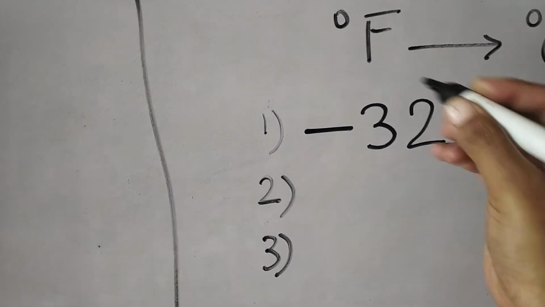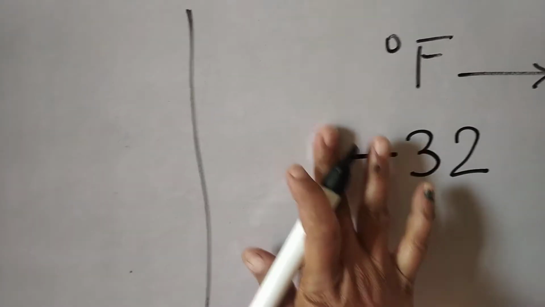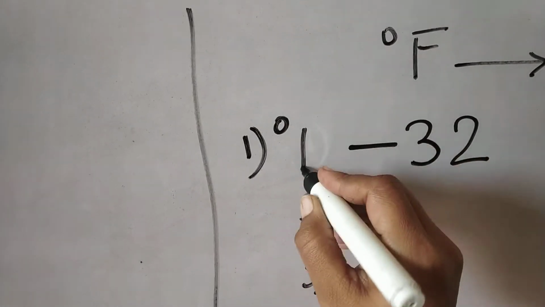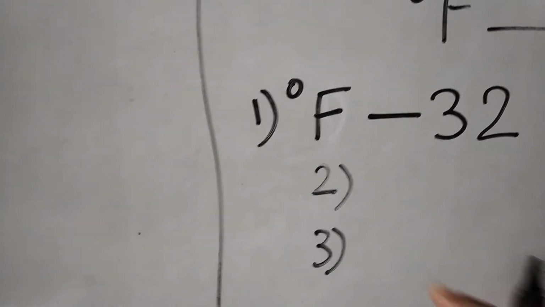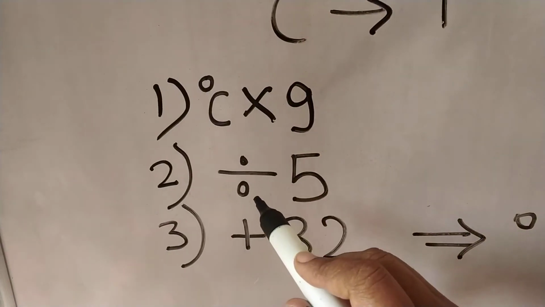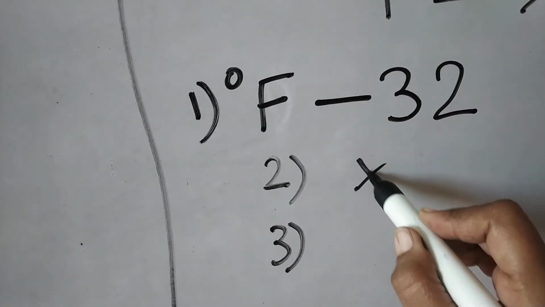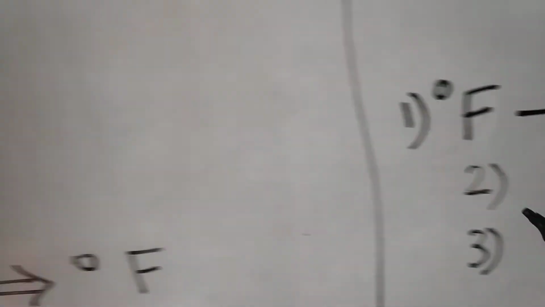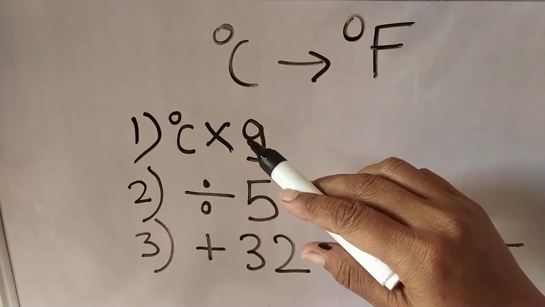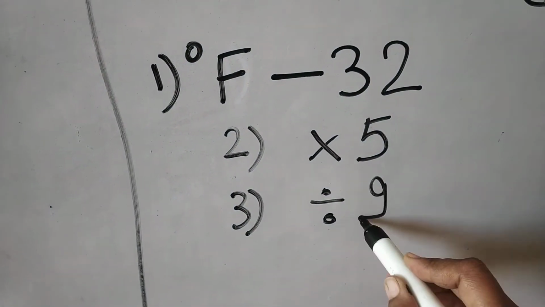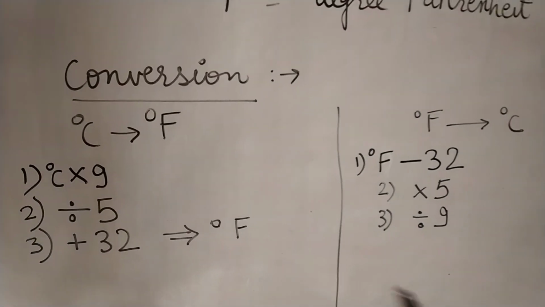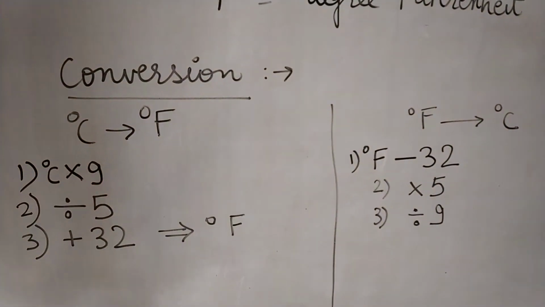So whatever value is given in degree Fahrenheit, you will subtract 32 from it. In the second step, there we are dividing by 5, here we will multiply by 5. And in the third step, there we are multiplying by 9, here we will divide by 9. So these steps are just opposite to each other.